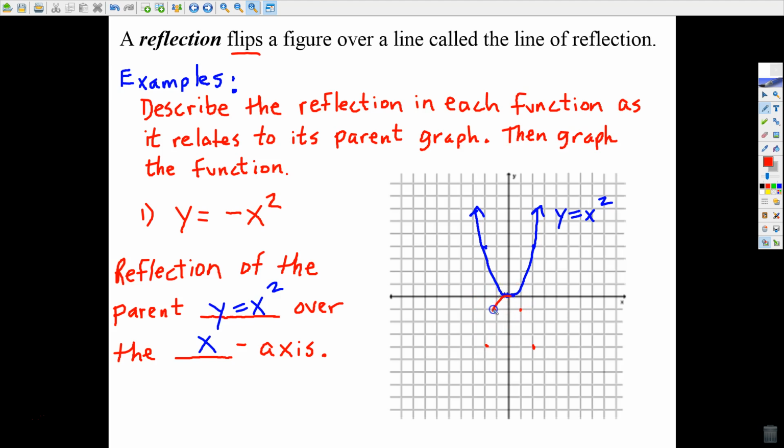So the red represents this, the negative x squared.